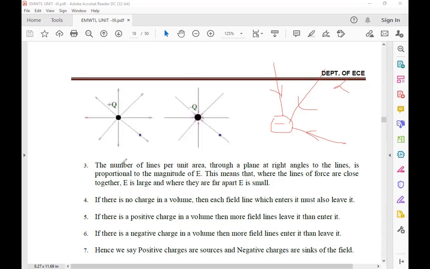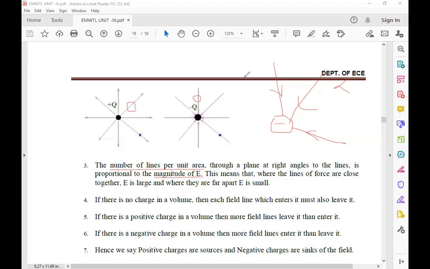And the number of lines per unit area through a plane at right angles to the lines is proportional to the magnitude of the electric field. A plane means you can assume a small differential surface, either at the positive charge or the negative charge.